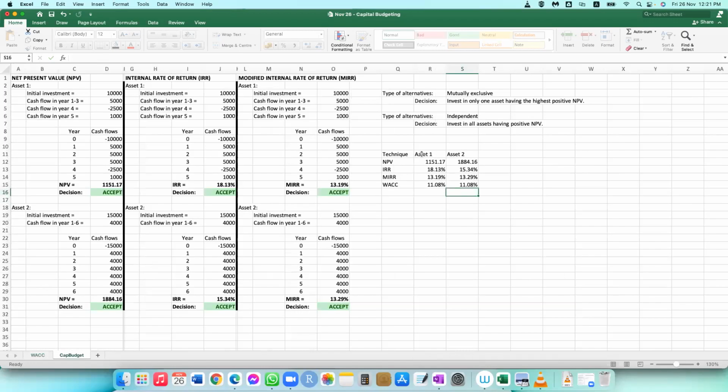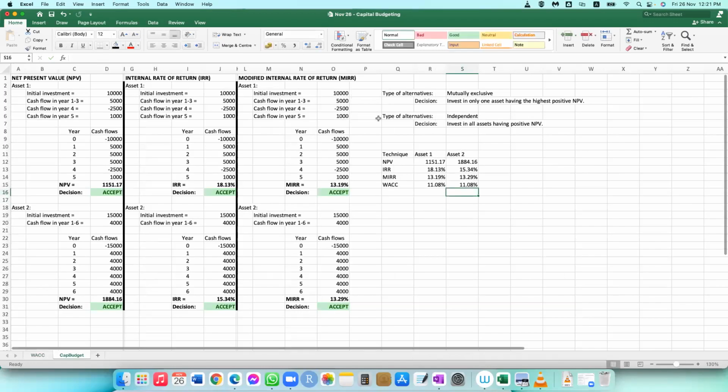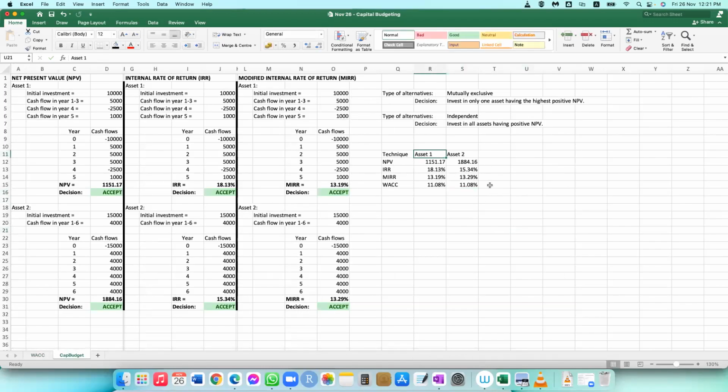Okay. Now, what can we do? Make a decision. So there are two types of decision. One is if mutually exclusive, and if independent.